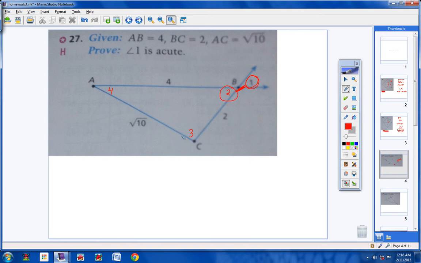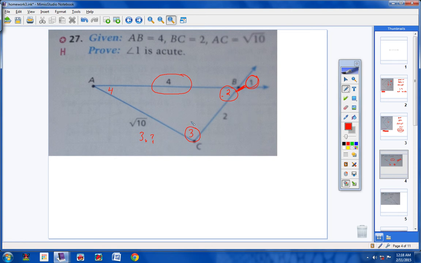Now listen to me. This is the longest side because the square root of 10 is 3 point something, and this is 2, and this is 4. So this is my longest side. If I have an obtuse triangle, the largest angle is always across from the longest side. So if this is an obtuse triangle, then this is my obtuse angle, and that would make these two angles acute angles. Think about it.